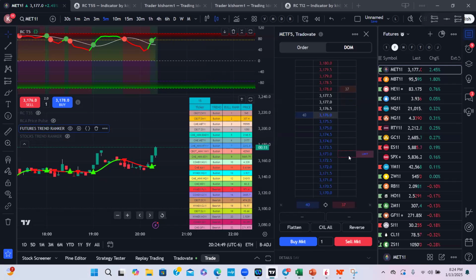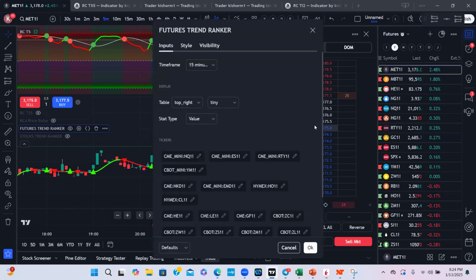Yeah, Bitcoin is looking very good. Ethereum, we did not include Ethereum in the list.